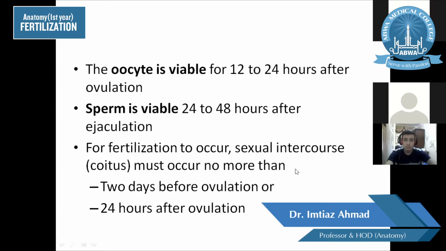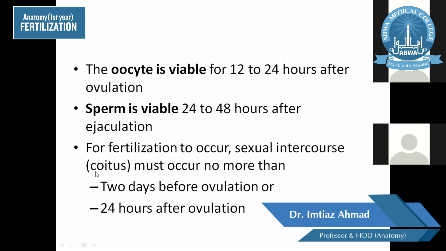For fertilization to occur, sexual intercourse, technically called coitus. We call it coitus, the union of the husband and the wife in privacy when they come closer together. The sexual intercourse means the entry of the male organ, that is the penis, into the vagina of the female.